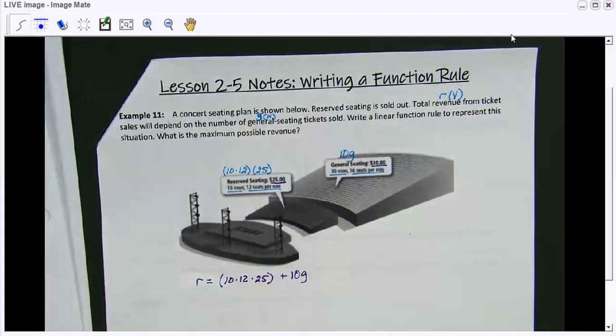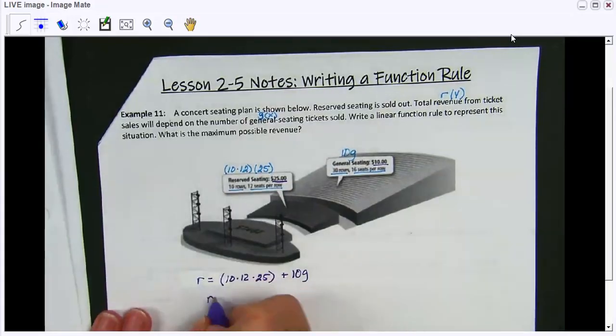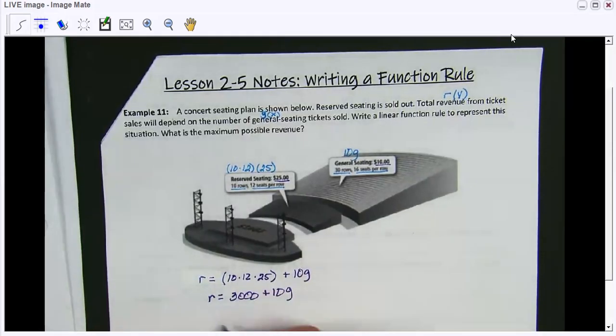And we don't know how much they sold in general seating. So let's simplify this a little bit. R equals 10 times 12 times 25 is 3,000 plus 10G. And I want to write this in slope-intercept form. So I'm going to rearrange this. R equals 10G plus 3,000.